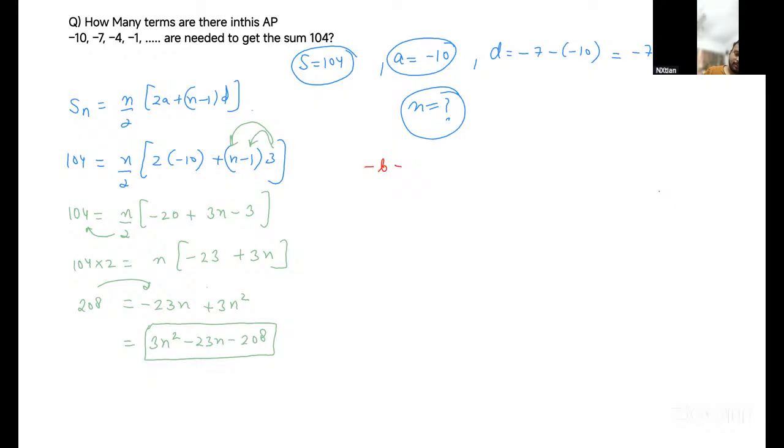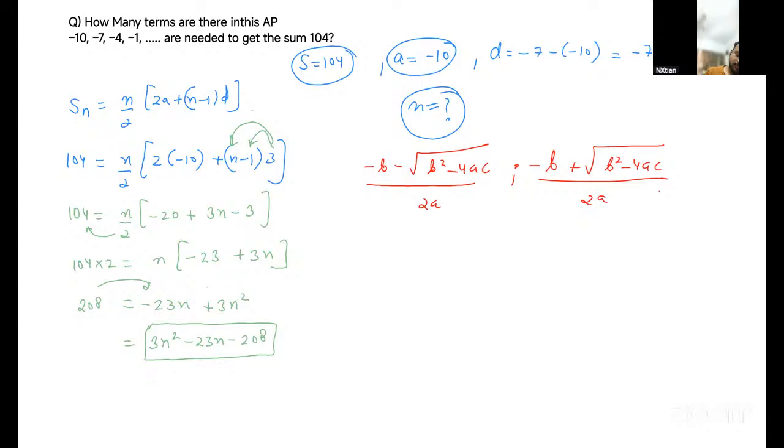The minus of minus b plus or minus root of b square minus 4ac upon 2a.